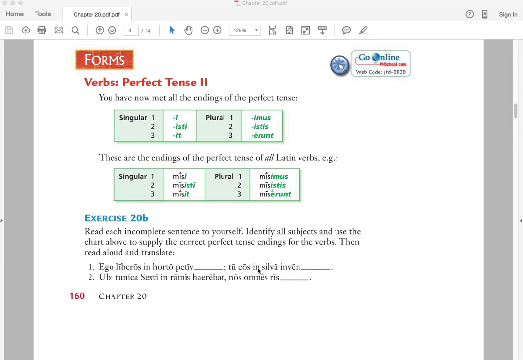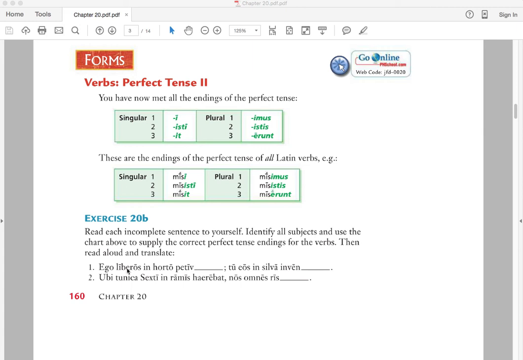So who are the subjects of these two clauses? The answer is ego is one and tu is another. Now, again, it won't always be that easy. It won't always be the first word in the sentence, but here it is definitely ego that is the subject. Liberos can't be the subject.